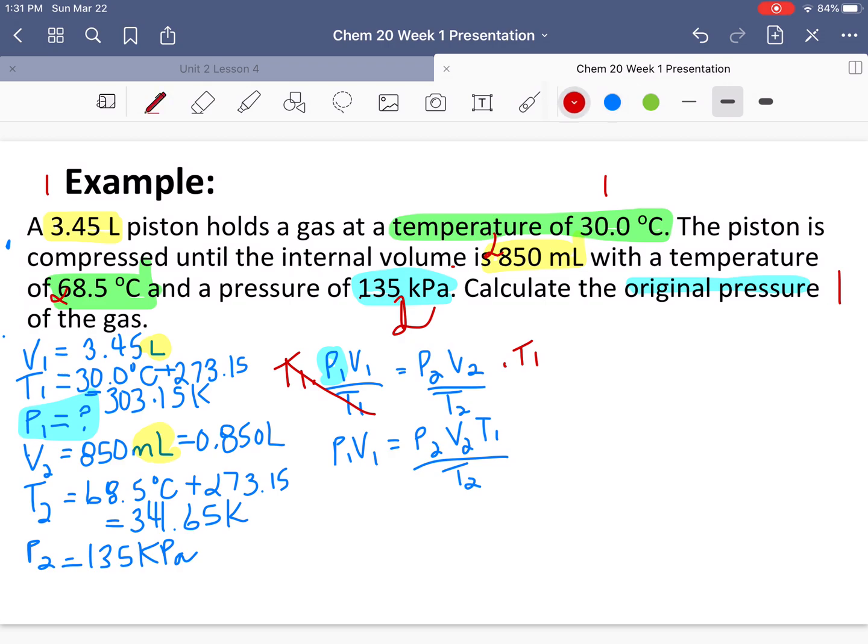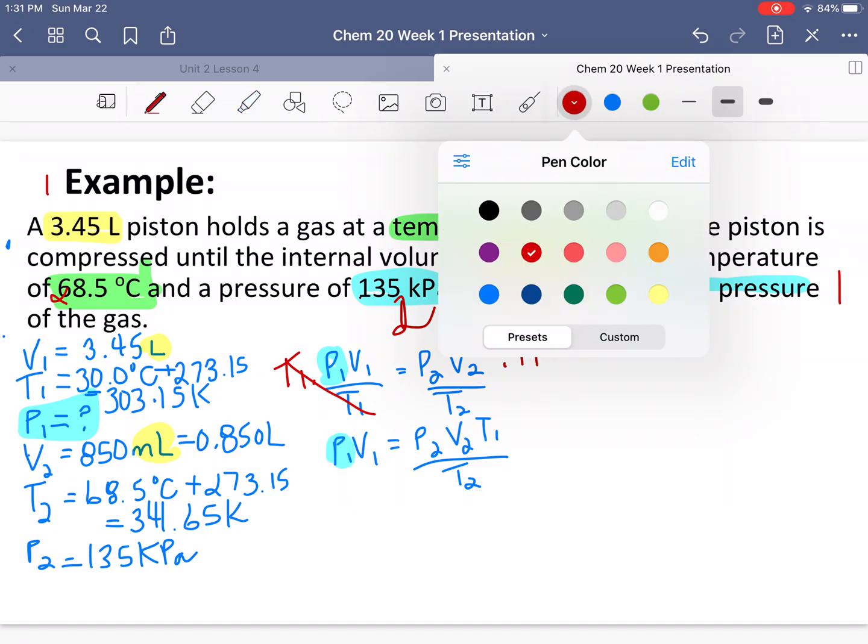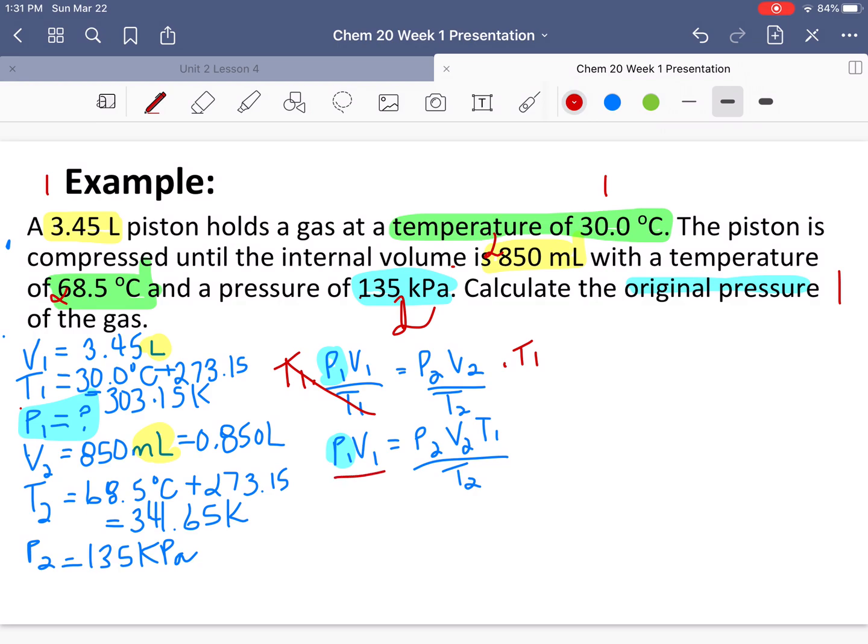Going from here, we're still trying to get, don't lose track, P1 all by itself. In the way from that is our volume. So divide by V1, what you do to one side, you do the other, but those, of course, are going to cancel out. We're left with exactly what we want, which is our P1.